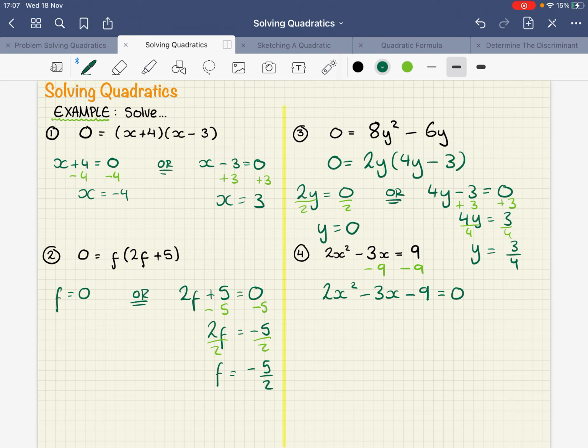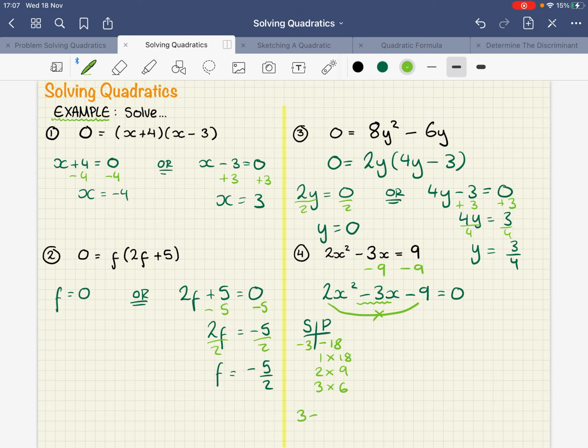So there's no common factor. I can't square root everything. So that means it's my trinomial. So I've got to do my sum and product. So my sum is going to be that minus 3. My product, multiplying the front and the back, is going to be negative 18. Things that multiply together to give you 18, you can do 1 times 18, 2 times 9, or 3 times 6.